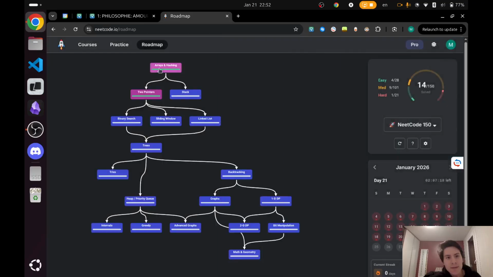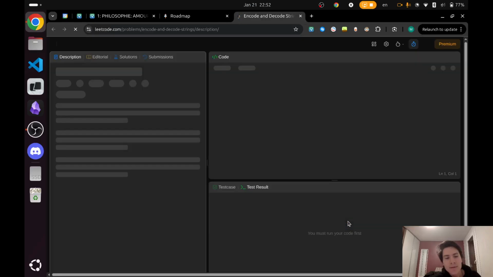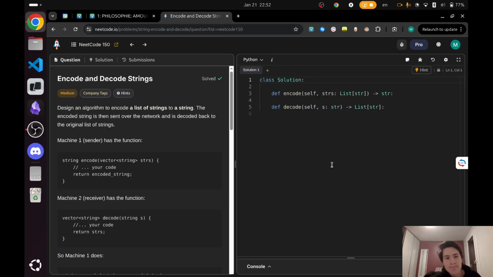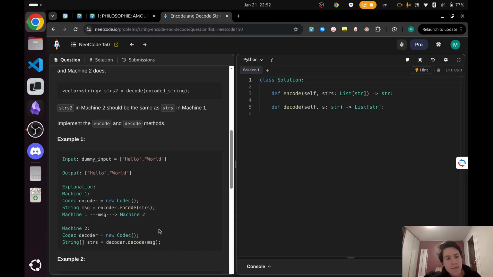And I also did this one, the encode decode. For the encode decode of strings, essentially for encoding you need to save the sizes, and then you save the words.